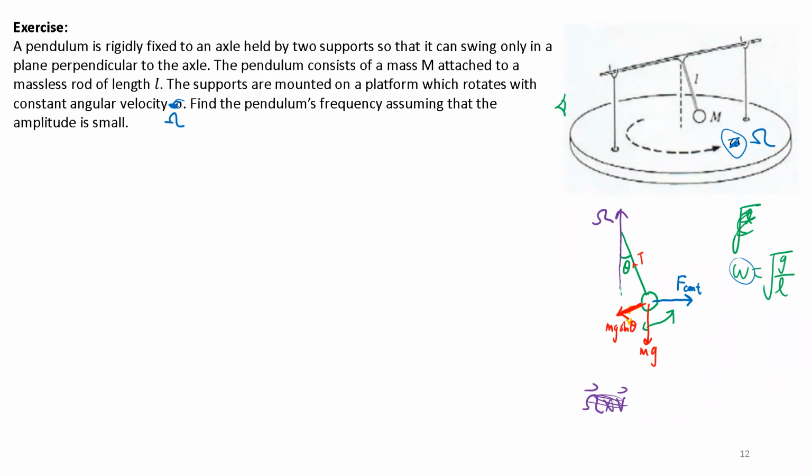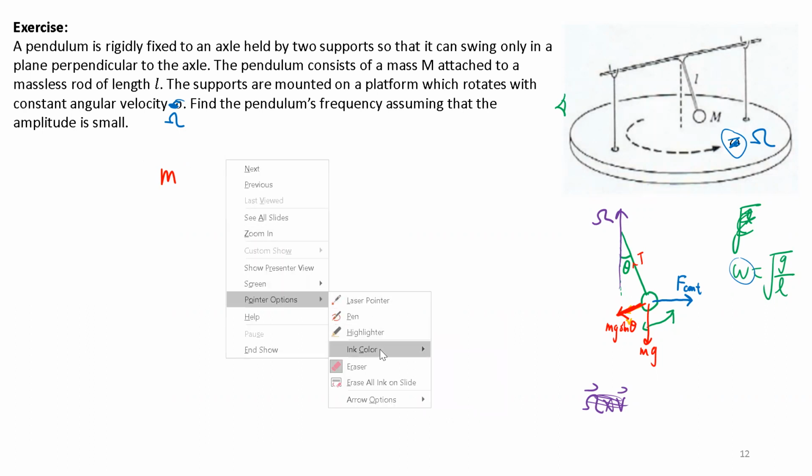So what the equation of motion is, let me just write m L theta double dot, right?